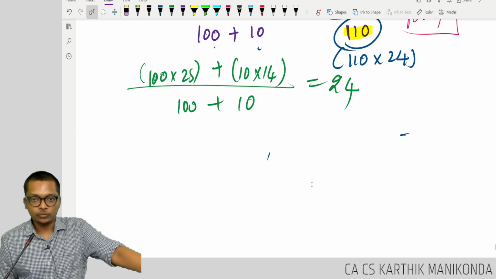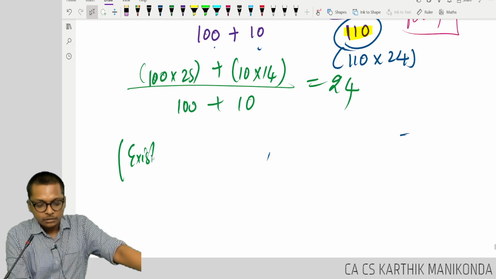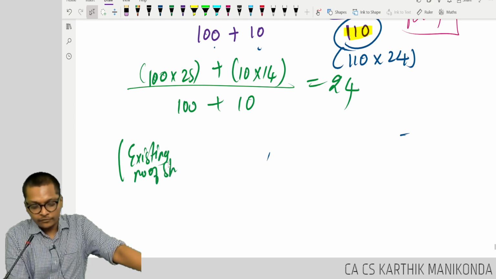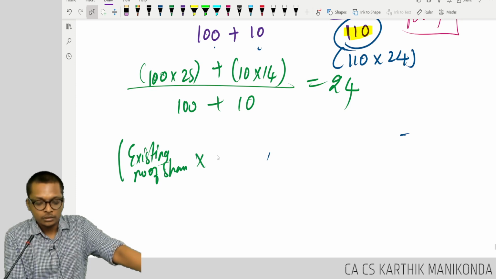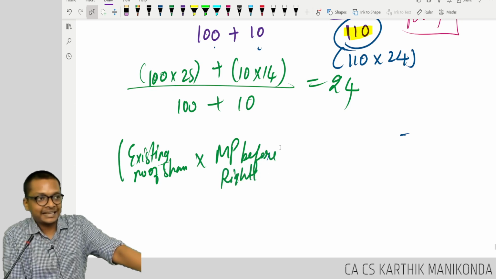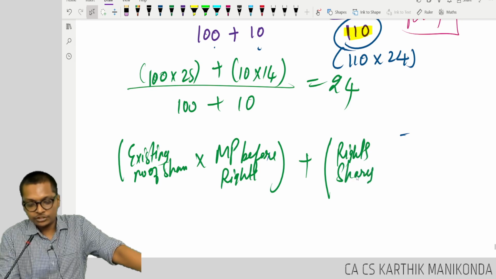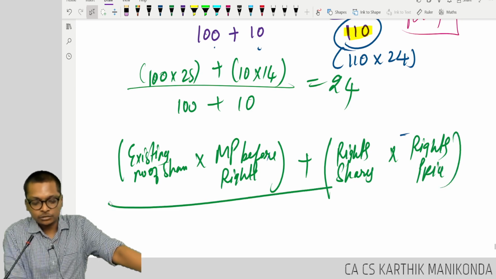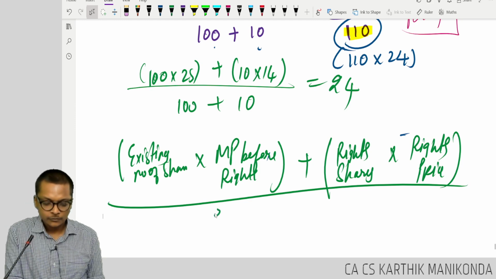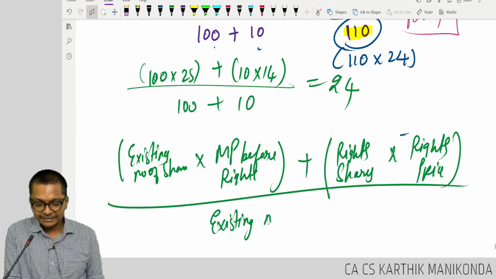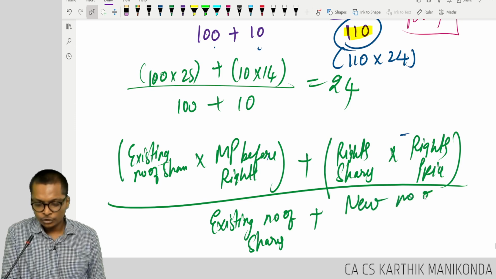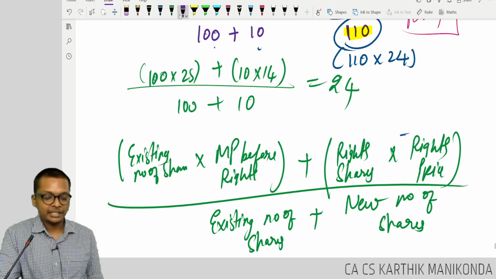Let me write this in English now. 100 is nothing but existing number of shares into market price before rights, plus rights shares into rights price, whole divided by existing number of shares plus new number of shares.